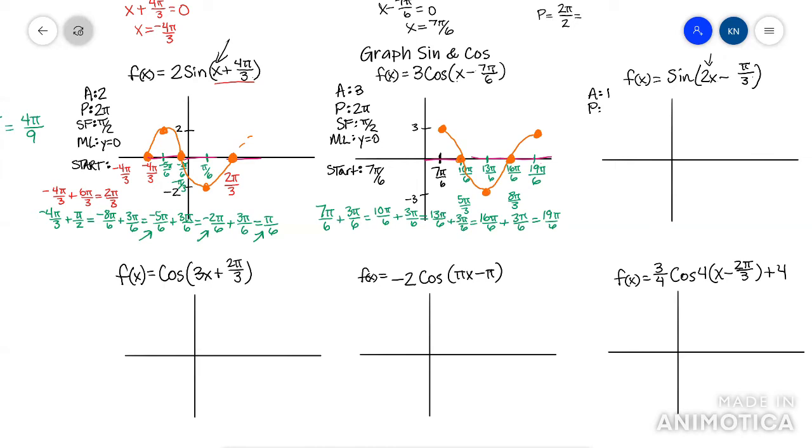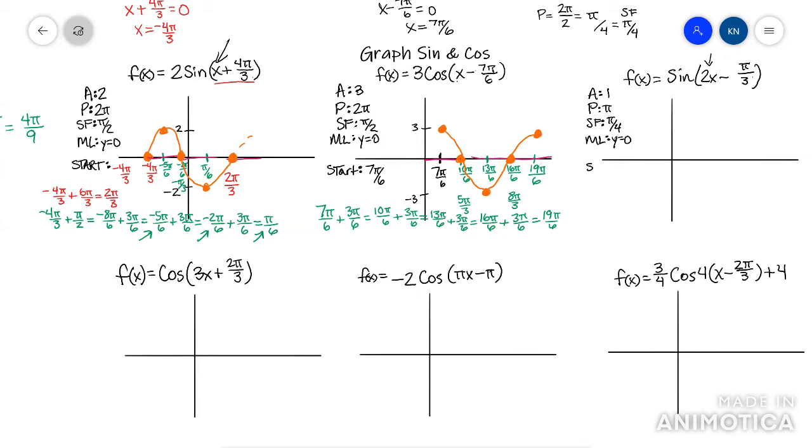For period, I got pi as the period, which means divide that by 4 to get the scale factor. Pi over 4 is my scale factor. So now I know my period is pi. My scale factor is pi over 4. My midline, there's no shift at the end, so it's just y equals 0.